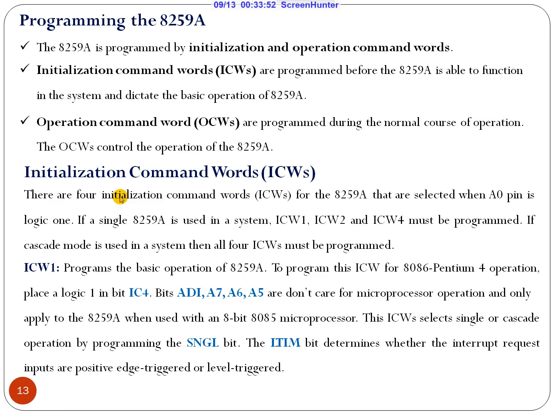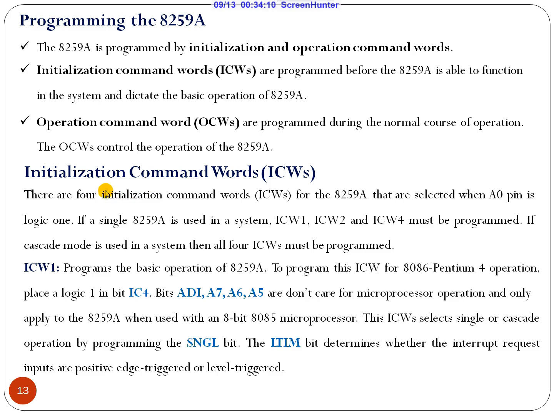So programming of 8259 is done with the initialization command words and the operation command words. The initialization command words are four in nature.